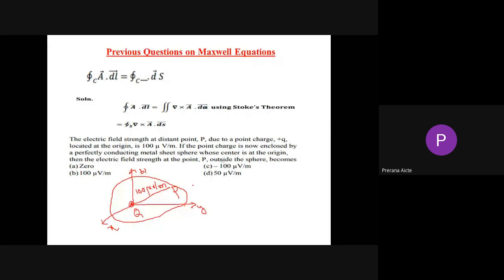So anyone? What is the answer here? Whether it is 0, or minus 100 microvolts per meter, or the same electric field 100 microvolts per meter, or 50 microvolts per meter. What is that value?